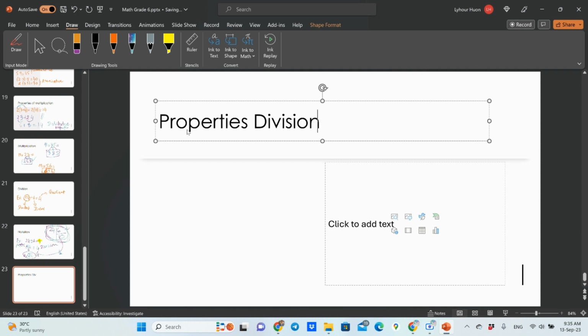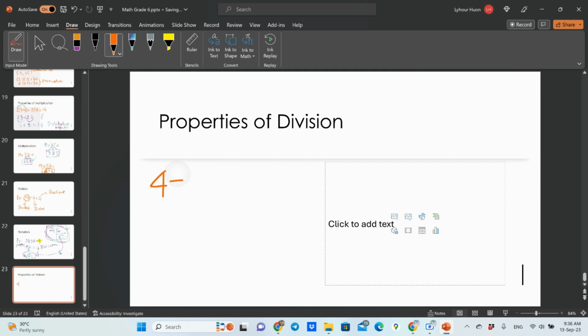Okay, moving on, we will go to the properties of division. The property is quite simple. When 4 is divided by 4, for example, any number divided by itself will be 1. 4 divided by 4 is 1. 1 million divided by 1 million is also 1.